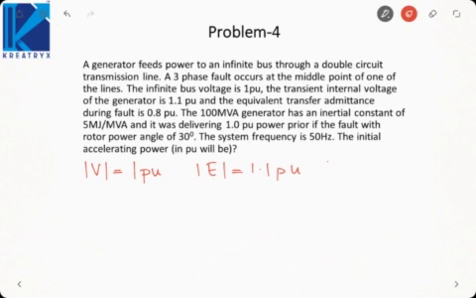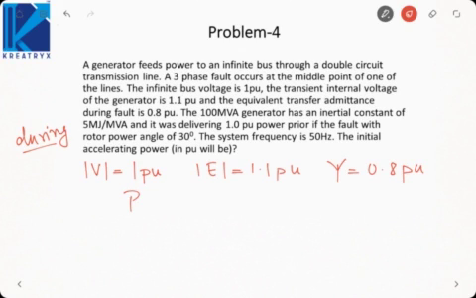The equivalent transfer admittance is 0.8 pu. Okay, so this is given during the fault.